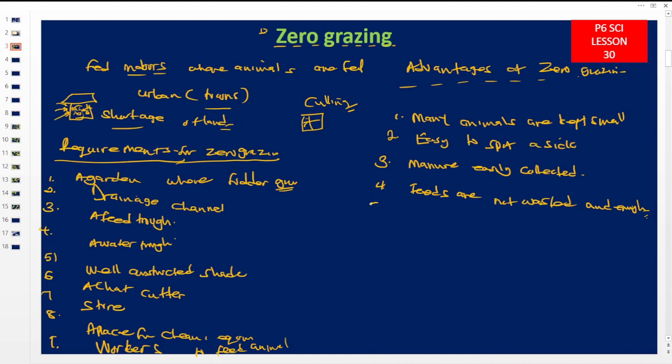Are we there? Then number 5, animals don't stray to damage people's crops. Animals do not stray and spoil people's crops. Then another one which is very vital: animals produce a lot of meat and milk because they don't do much work.